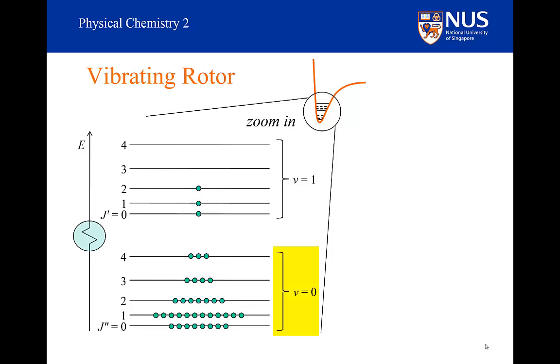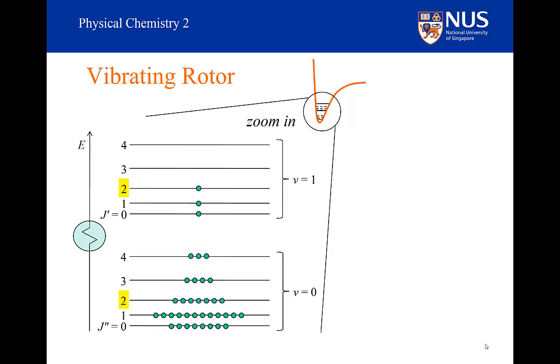All the levels identified with the V equals 0 quantum number have exactly the same amount of vibrational energy, a half nu_e minus a quarter nu_e chi_e. And all the levels identified with the V equals 1 quantum number have exactly the same amount of vibrational energy, that is 3 halves nu_e minus 9 quarters nu_e chi_e.